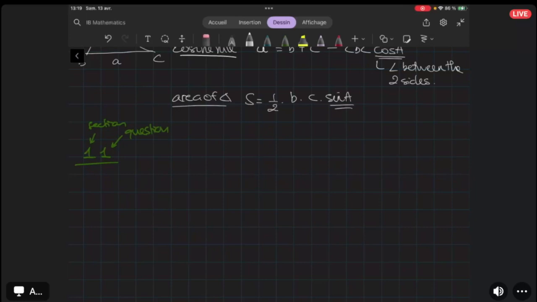Oh wait, so this is question one, part one, on the first pin. Yes. Okay, I can just take a screenshot of it and post it. That might be helpful. Can you pin things within it? You can't pin things within it.